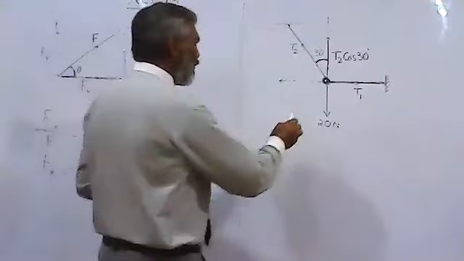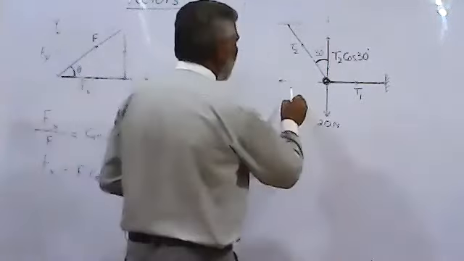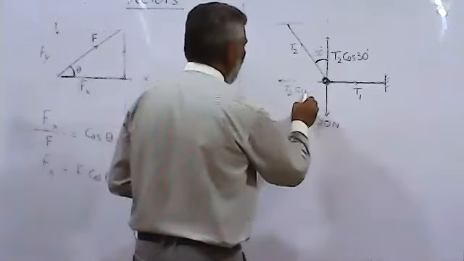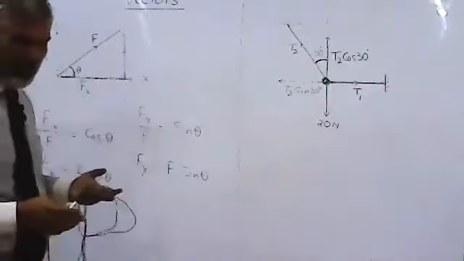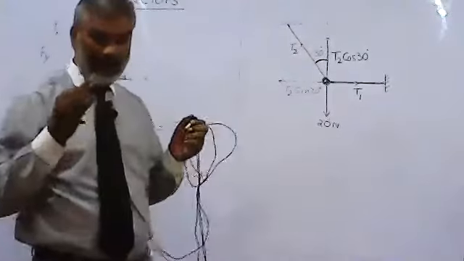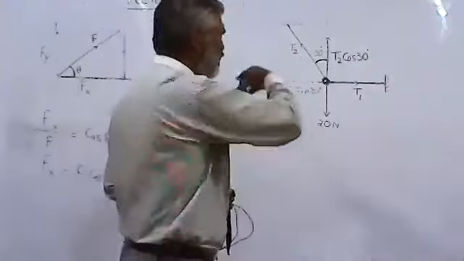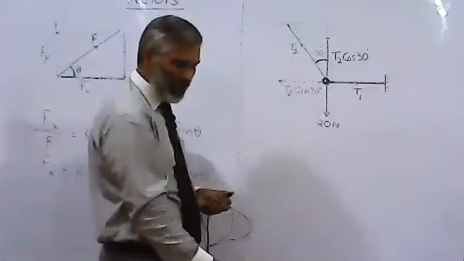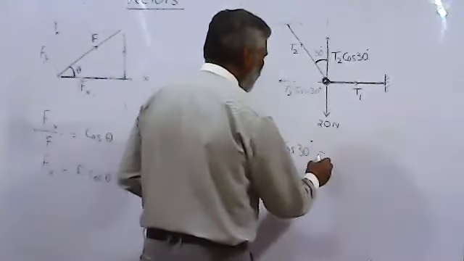And this component, which is actually this component here, this is the sine one. So this must be T2 sine 30 degrees. So you have two equations that you form here. We can equate these two because the object is in equilibrium, it is at rest. So the sideway, the rightward forces should be balanced to the leftward forces, upward forces can be balanced to downward forces. So one equation that we can get from here is T2 cos of 30 degrees is equal to 20.